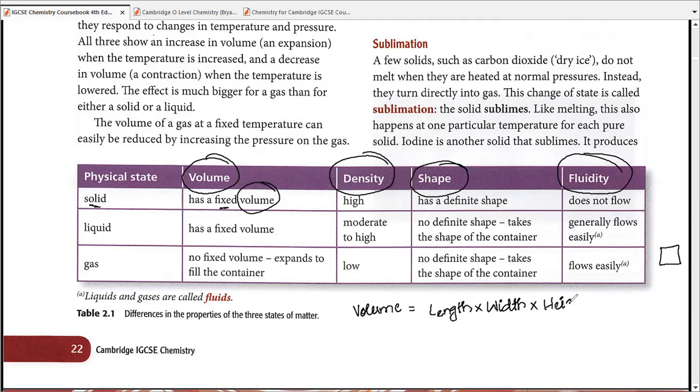This formula is taught with different words. Sometimes it's length and width, sometimes length and breadth, sometimes length, width, and height. No matter which word we use, it means the same thing. So we're talking about this direction, this direction, and the height, which we usually show like this. That's how we calculate volume mathematically.